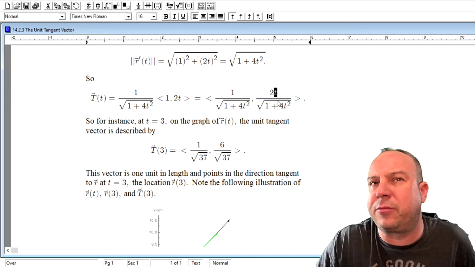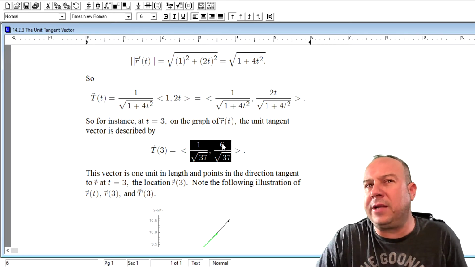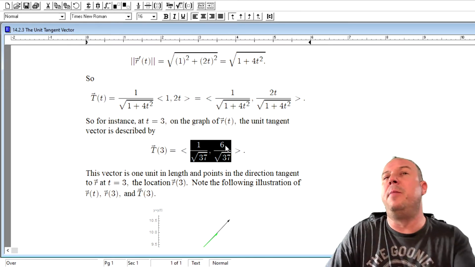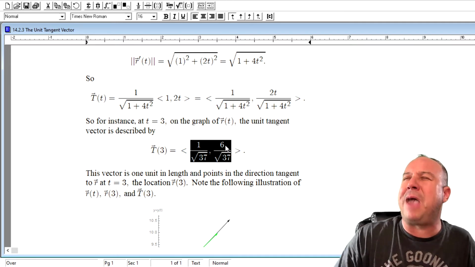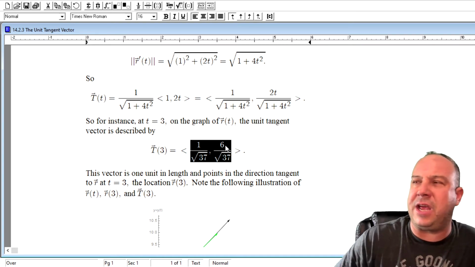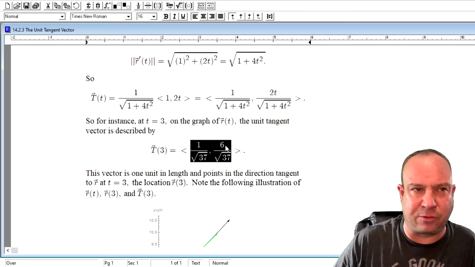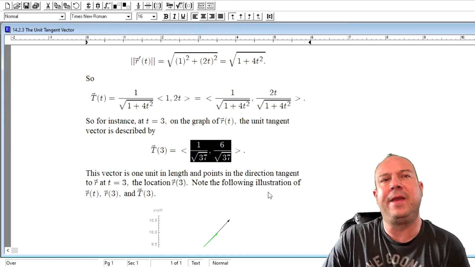And then if we plug 3 in the numerator here, that's going to be 6. So it'll be 6 over the root of 37 for the second component. 1 comma 6 describes tangent behavior, but dividing it by that square root of 37, the magnitude of the vector described by 1 comma 6, makes our tangent description of behavior a unit tangent description of behavior, a vector that's 1 unit in length.